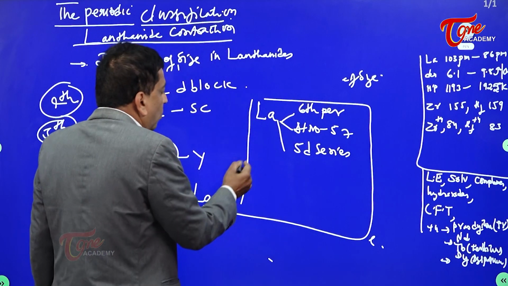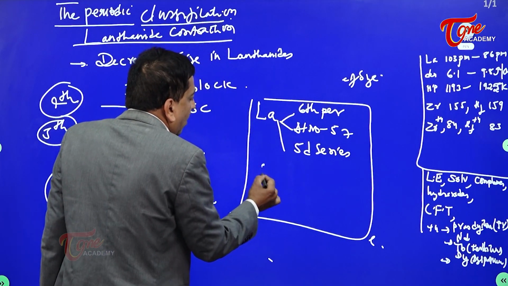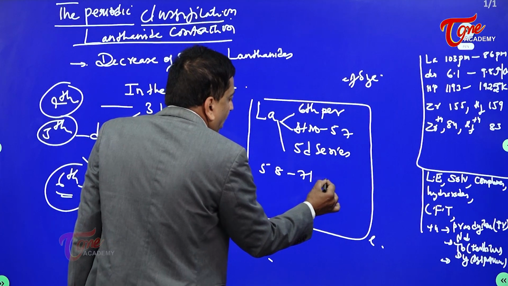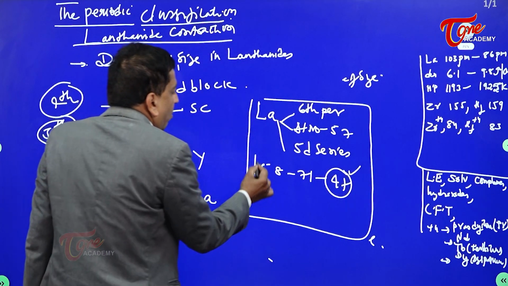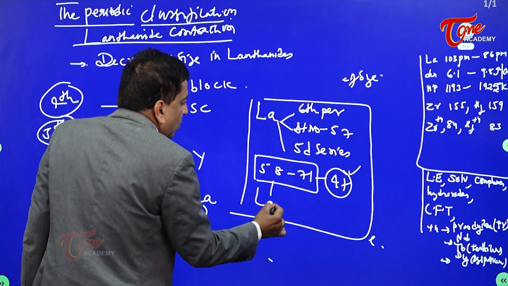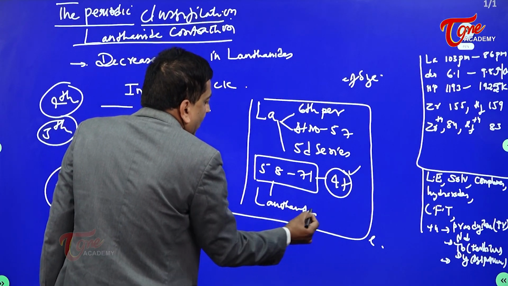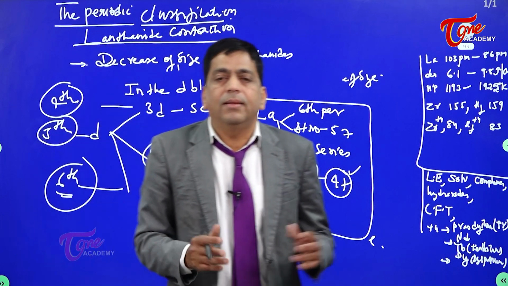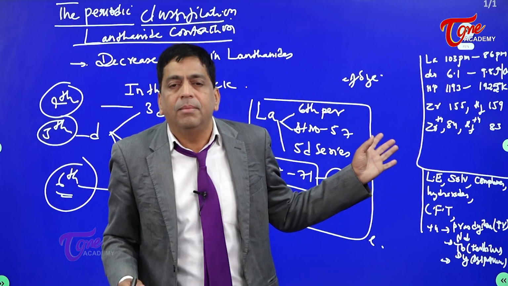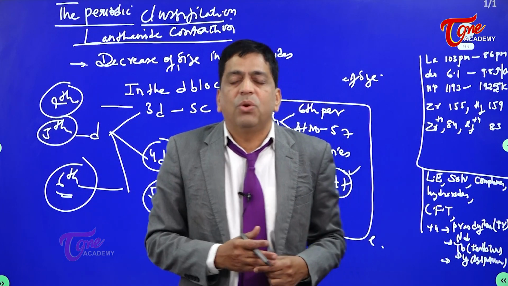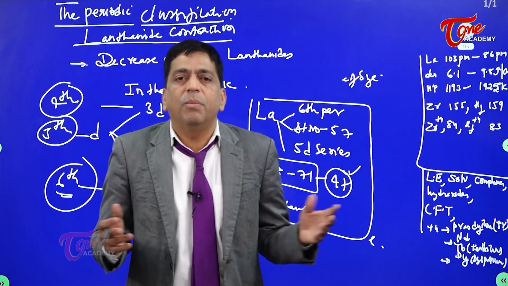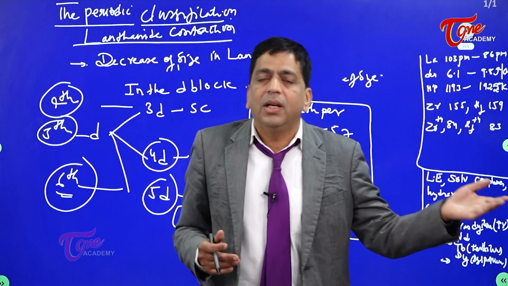So if you look into this, lanthanum is a D block element, but 58 to 71 are filling the 4F subshell, and are placed down as lanthanides. Technically speaking, the lanthanides family includes lanthanum, that is 57 to 71. If we wanted to compare properties like atomic radii, we include lanthanum.